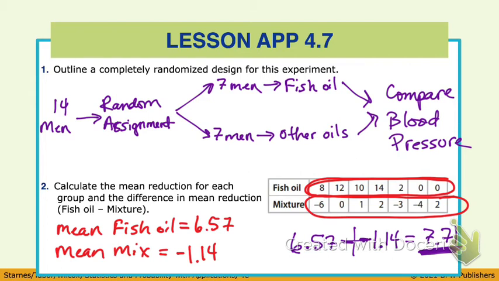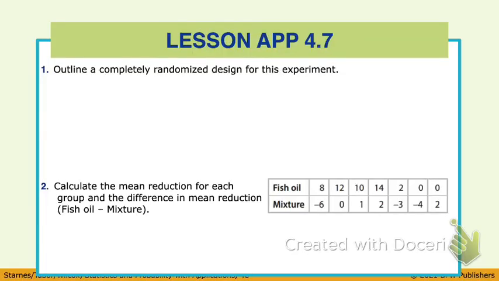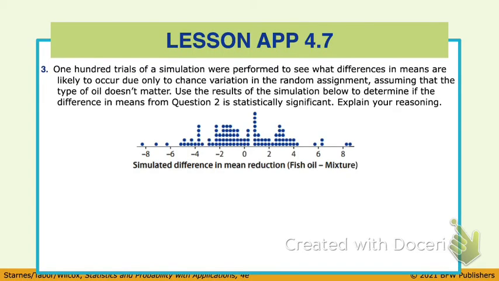We got a difference in these groups of 7.71. Is that statistically significant? Well, we gotta look. So we got a mean difference of 7.71. So 7.71 would be right here. This is where our difference was.